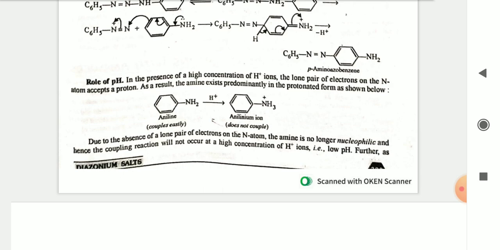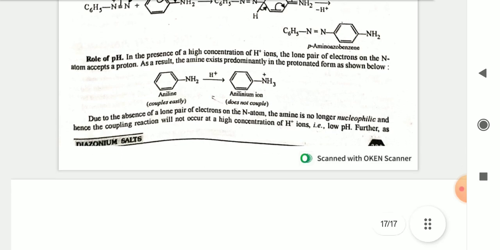Aniline, in the presence of H+, will give the anilinium ion. Due to the absence of a lone pair of electrons on the nitrogen atom, the amine is no longer nucleophilic, and hence the coupling reaction will not occur at a high concentration of H+. For example, low pH.